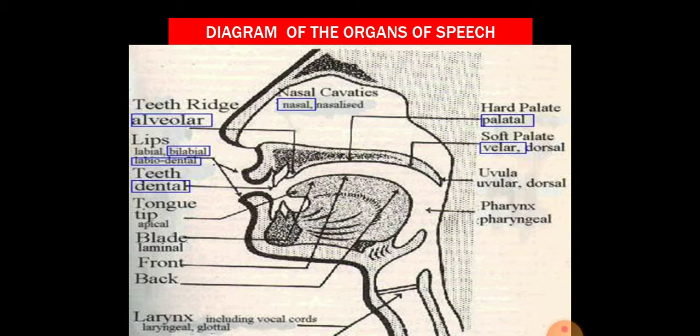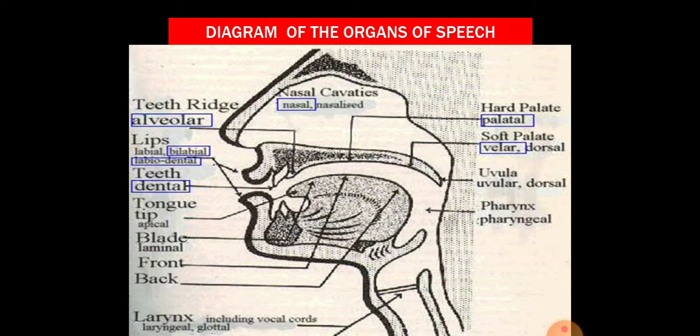One is which organs are helpful for the sound-making process, and the other is their location in the mouth.